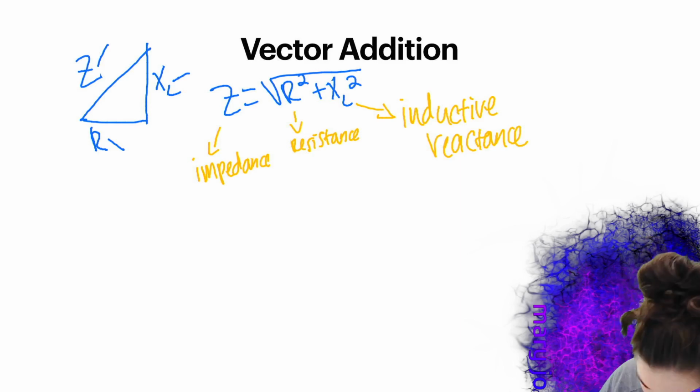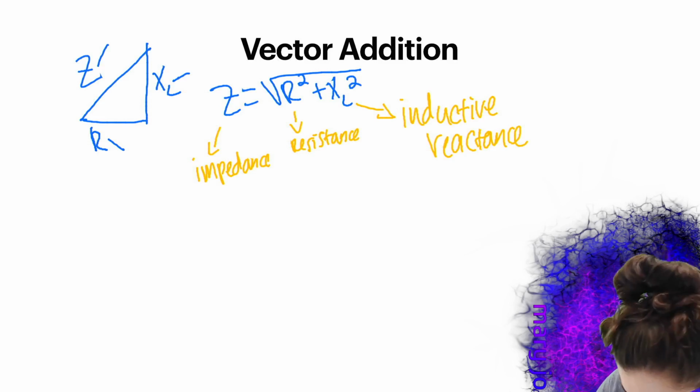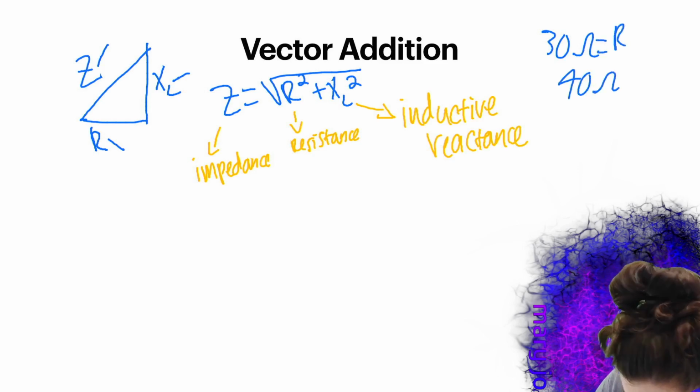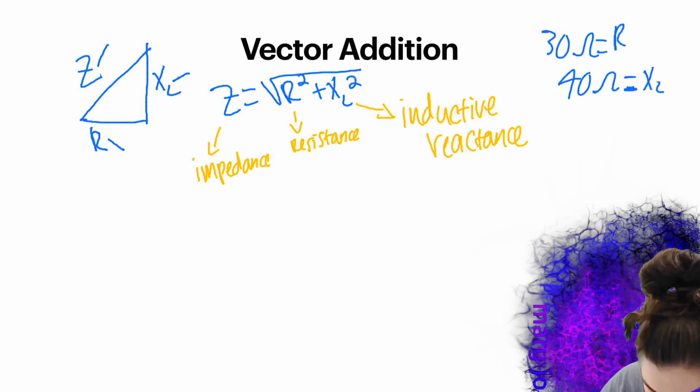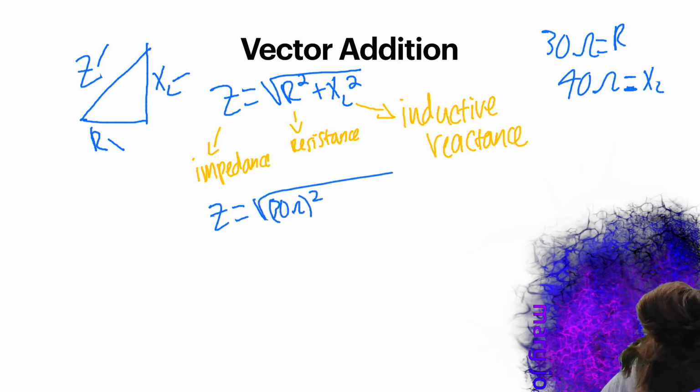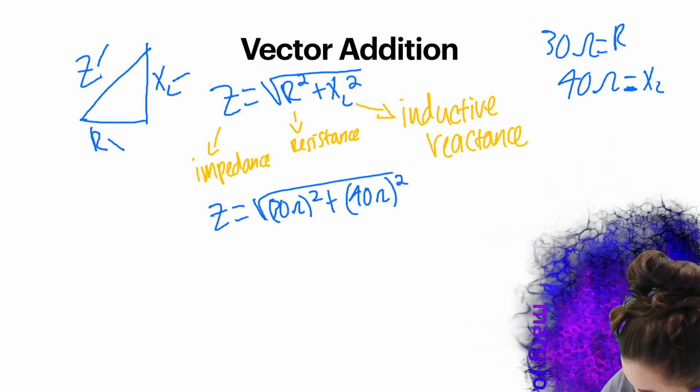So, how we work that out is, remember we had 30 ohms as the resistance and 40 ohms as the inductive reactance. So, all we would do is Z is going to equal your 30 ohms, because that's your resistance, squared, plus your 40 ohms, because that is your inductive reactance, squared.